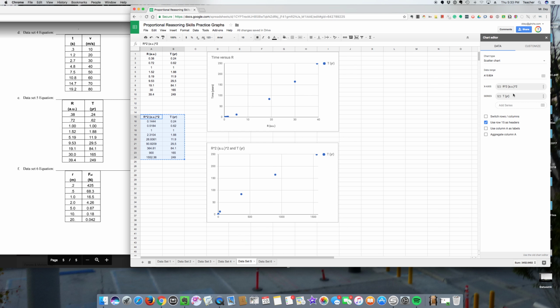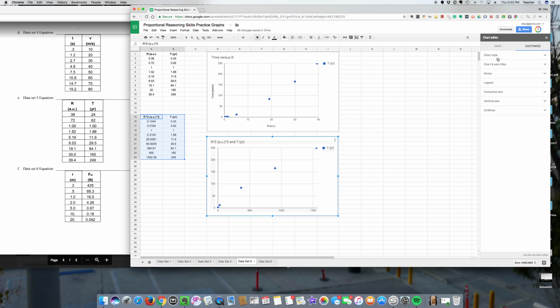Wait a second. Is that a side opening parabola? Whoa. Ah, that's got to be a side opening parabola. Cool. So, chart title, what was the vertical axis? We didn't do anything to time, right? So this is still time in years.